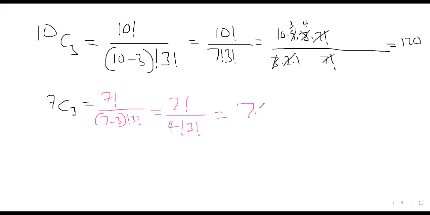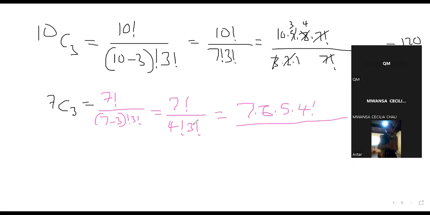That is 7 times 6 times 5 times 4, going up to 1, but I'm not going to go up to 1 because of the 4 factorial here. So 4 factorial is there. Then this is 3 times 2 times 1. So this cancels. This is a 6, which is that one. So 7 times 5 is 35.